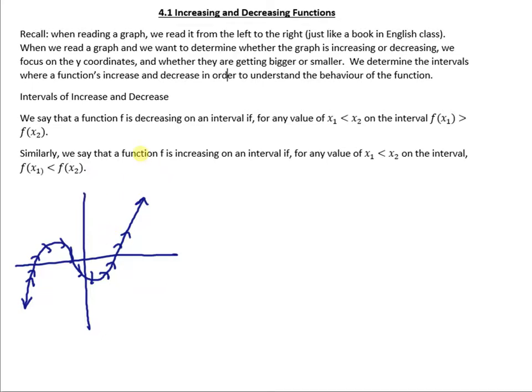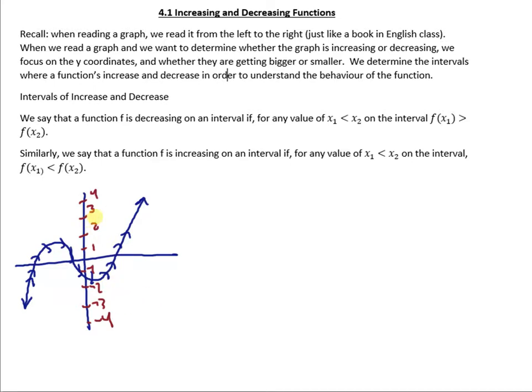When we read a graph, we want to determine whether the graph is increasing or decreasing. What we do is we focus on the y-axis. So 1, 2, 3, 4, or -1, -2, -3, -4. We talk about the x's, but in terms of y. So we talk about, are the y's increasing or are the y's decreasing?